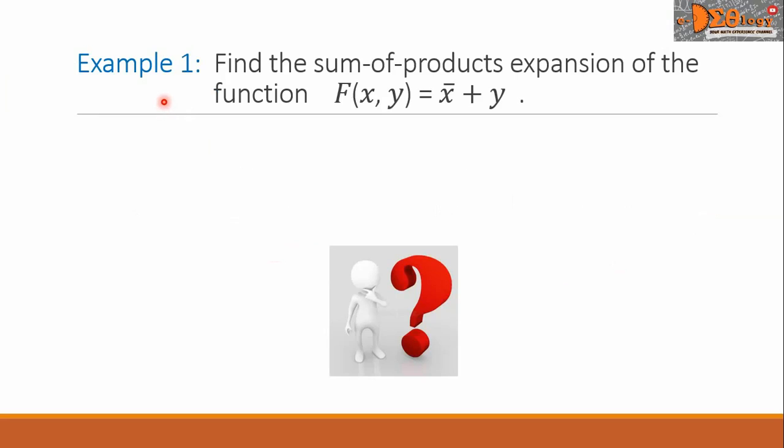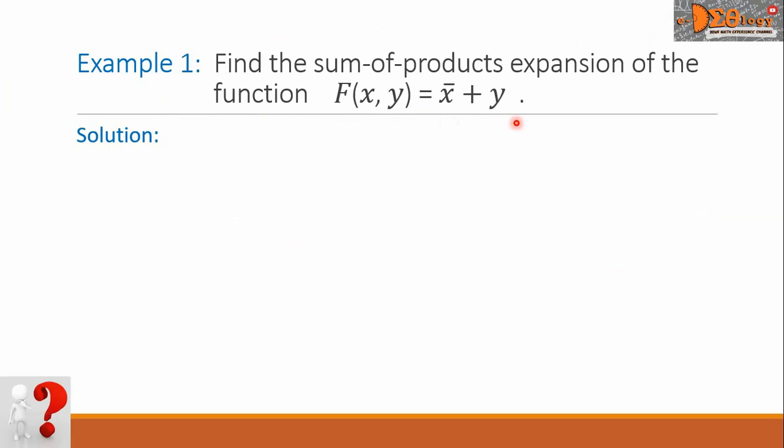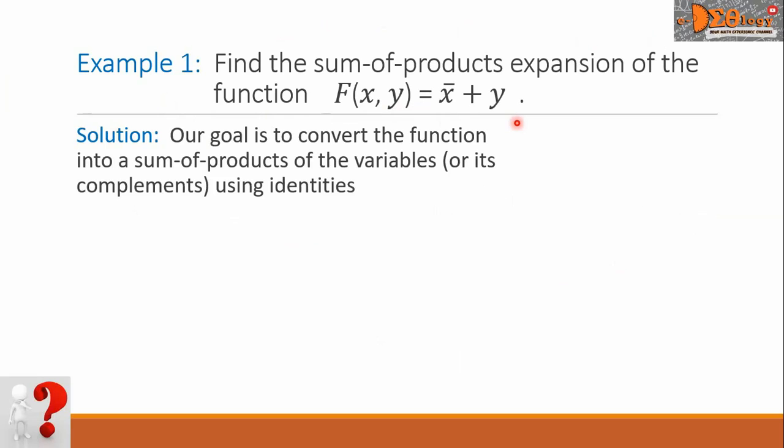Let us see example 1. Find the sum of products expansion of the function f(x, y) = x bar + y. To solve this, our goal is to convert the function into a sum of products of the variables or its complements using identities.